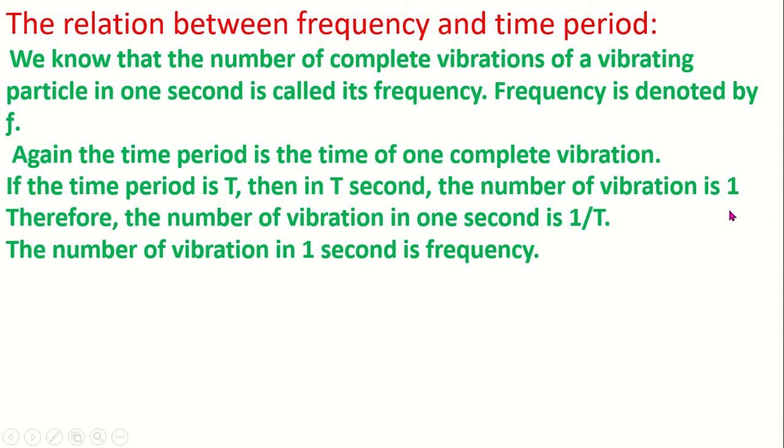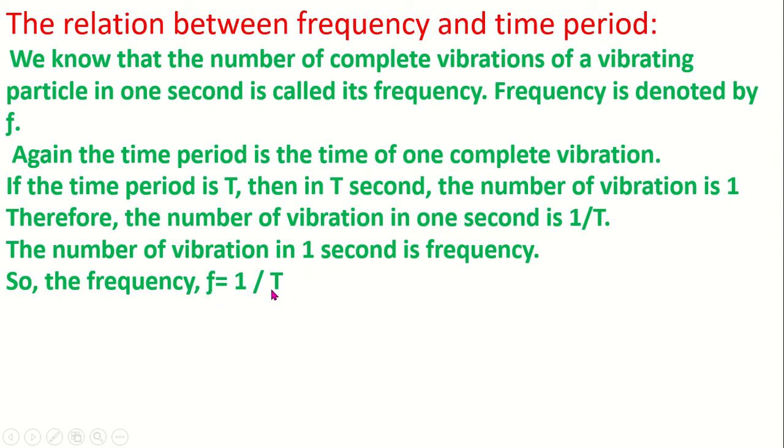But from the definition of frequency, the number of complete vibration of a vibrating particle in 1 second is called its frequency. That means this 1 by t is equal to the frequency. So we can write the frequency f equal to 1 by t. So this is the relation between frequency and time period.